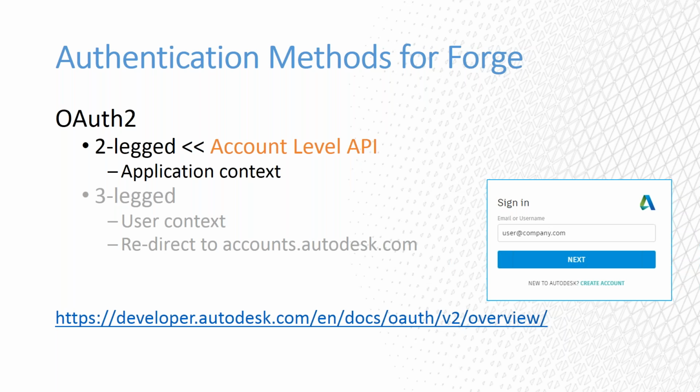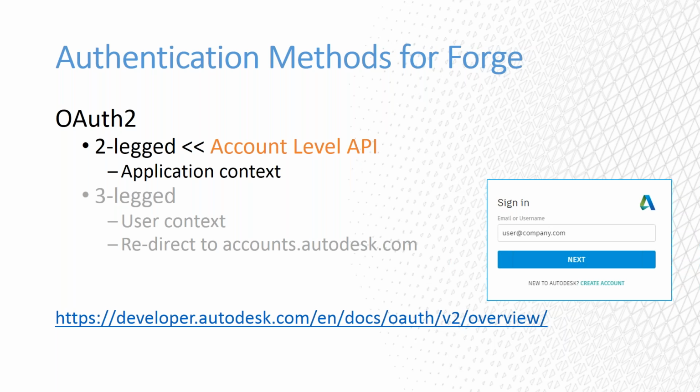So, the authentication method for Forge. Once again, I talked about this authentication last week, and at that time I mentioned there are two types, 2-legged and 3-legged. 2-legged is designed for application context. That means there is no user context, and it will be like business to business or application to application, big company-based integrations.